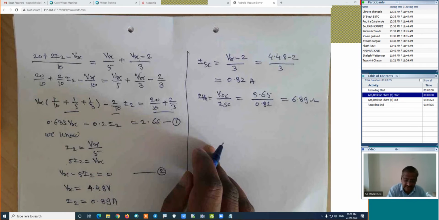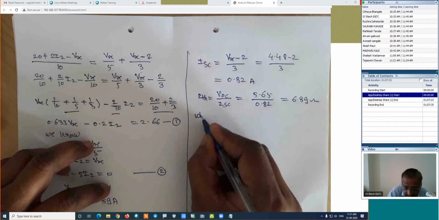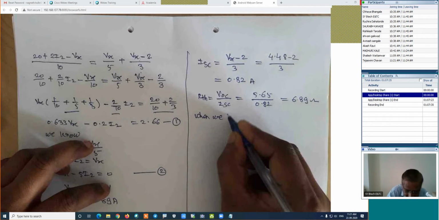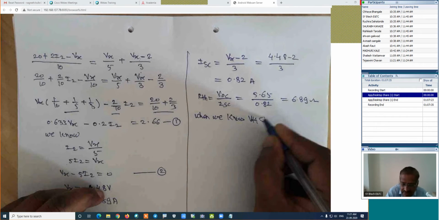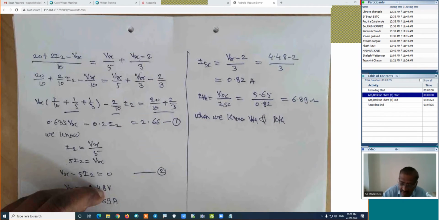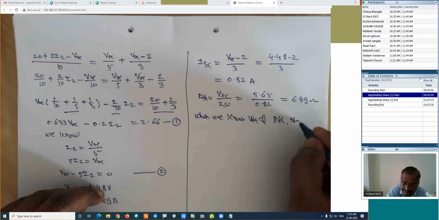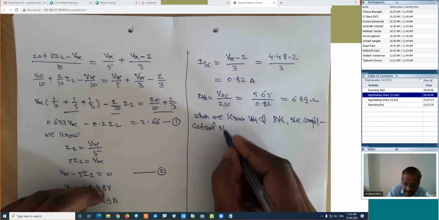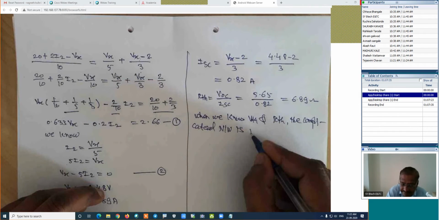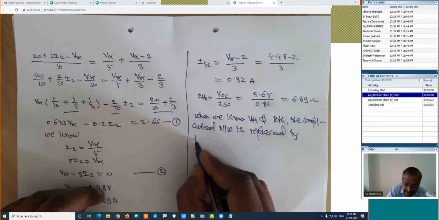When we know the VTH and RTH, the complicated network is replaced by Thevenin's equivalent network.